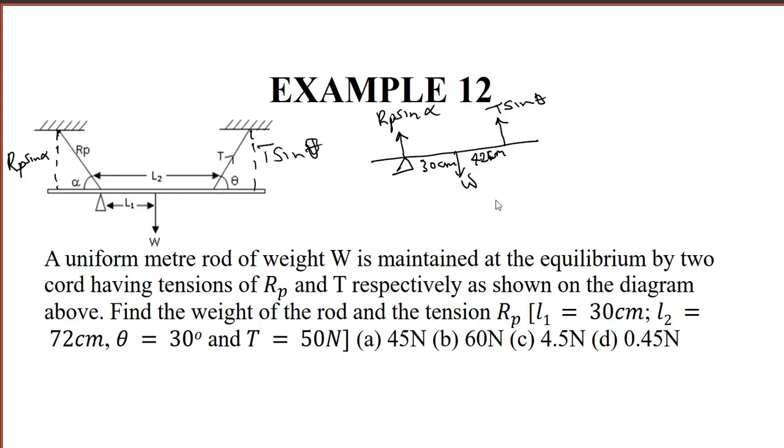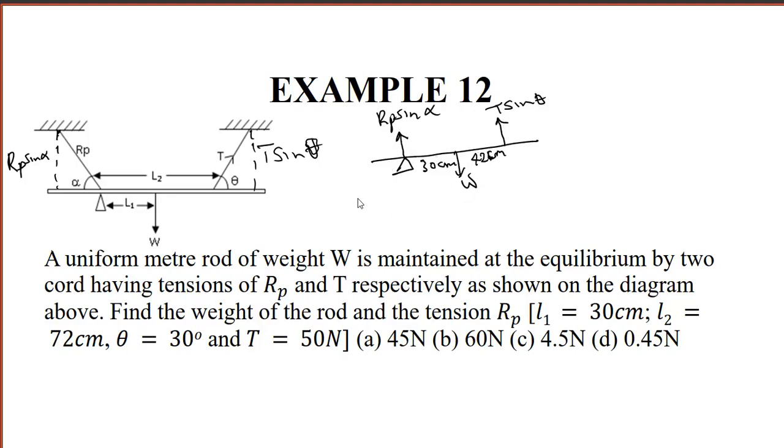If we take moments at RP sine alpha, we will discover that RP sine alpha will not create a moment. So T sine theta and W will be the ones creating moment. If you drag T sine theta towards the fulcrum, it's moving anti-clockwise. If you drag W towards the fulcrum, it's moving clockwise.